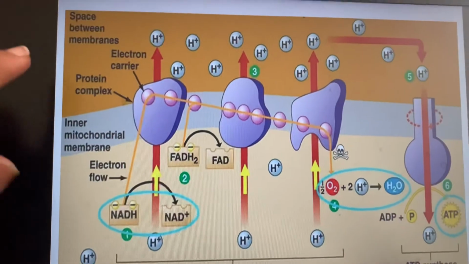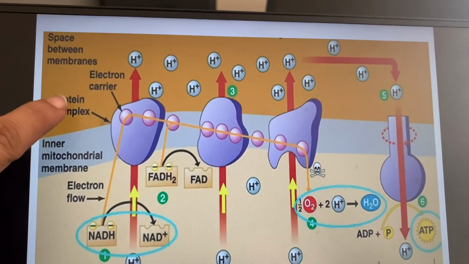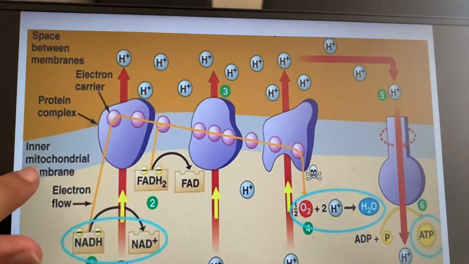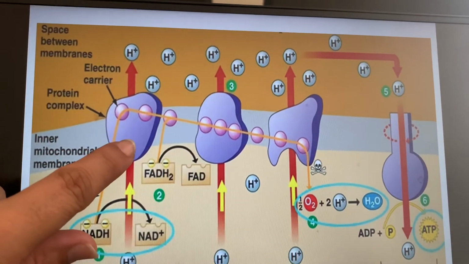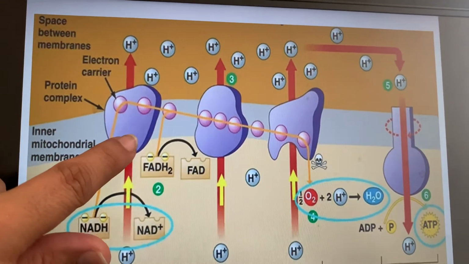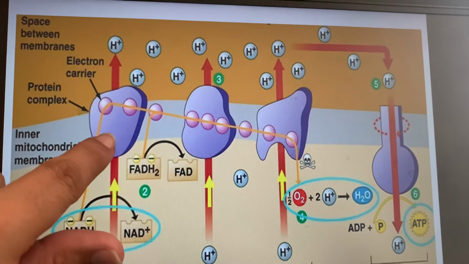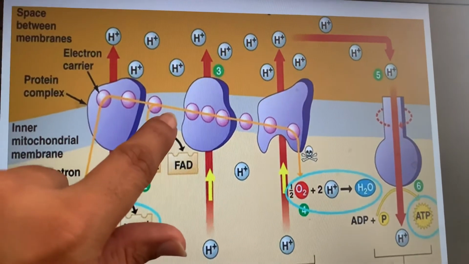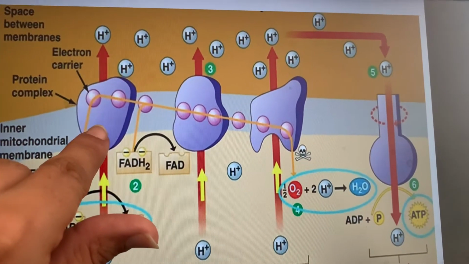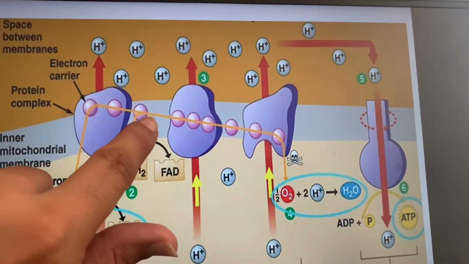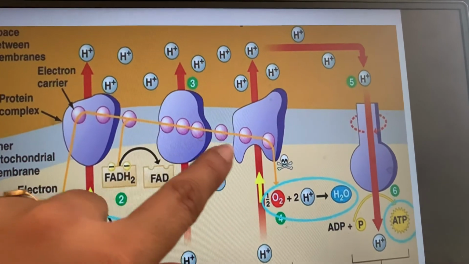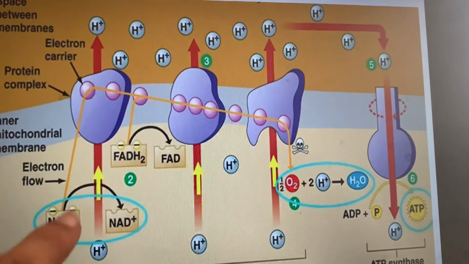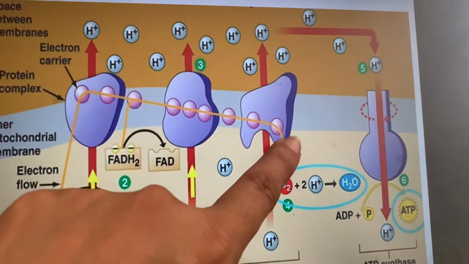This is the outer side of the inner membrane of mitochondria. This is the inner mitochondrial membrane, and these protein complexes reside inside the inner mitochondrial membrane. Complex 1, complex 2, complex 3, 4, and the whole process of electron transport chain occurs through these complexes.